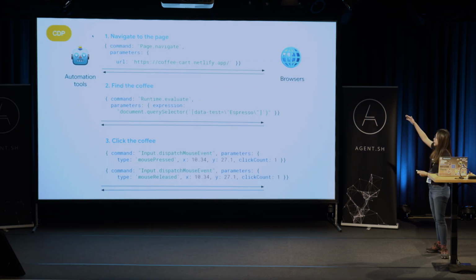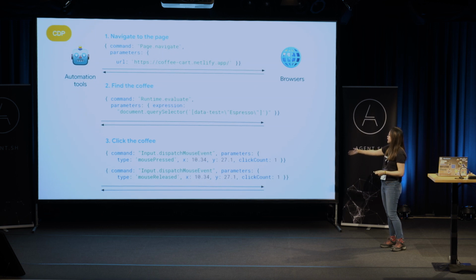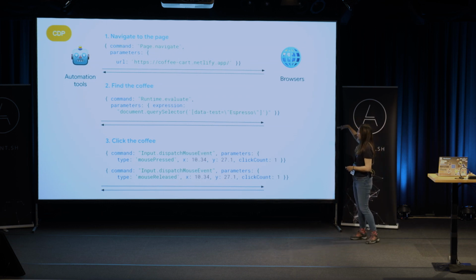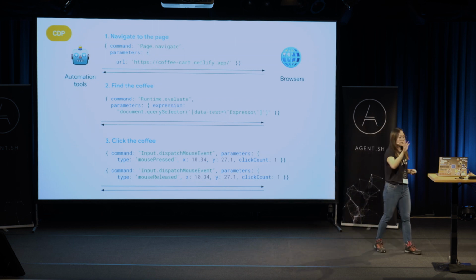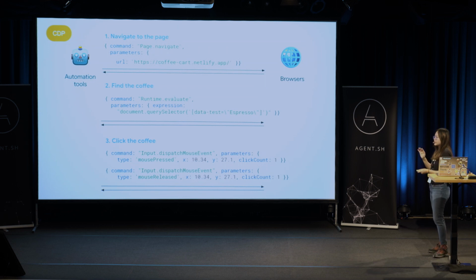At a glance, this is how CDP works. You navigate to the page, find the coffee, and click the coffee itself. Every time, the browser will just wait until your API loads. When it finds that, it replies to the testing framework that we found this coffee, and this is the reply. There's no need for HTTP polling.